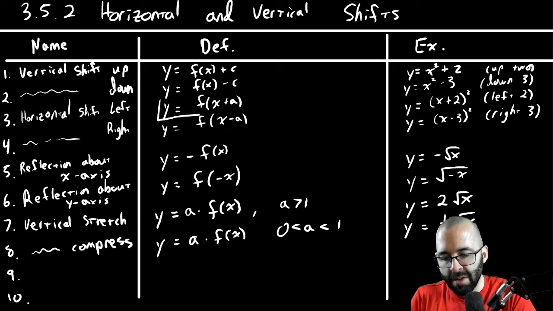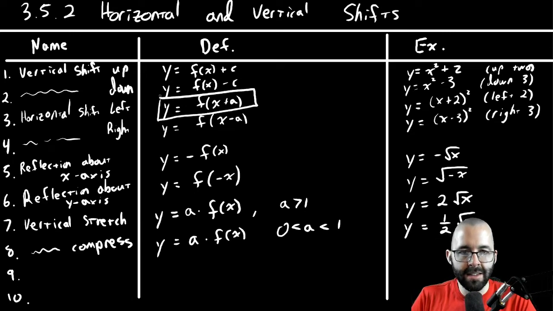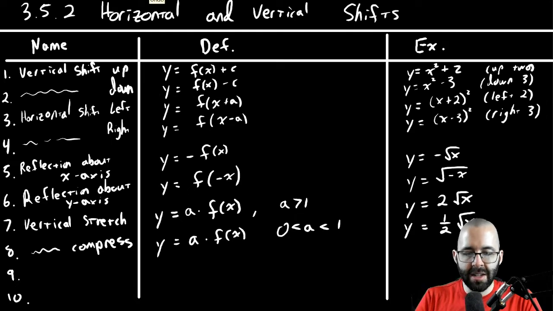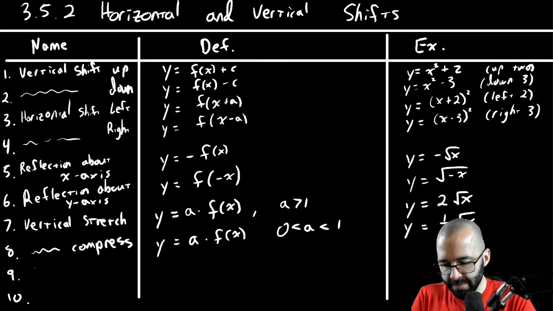Just like over here, you might think that adding to the inside will move it to the right, but it's actually the left. So things on the inside are oftentimes a little backwards from what you might think. So horizontal stretch and horizontal compress.